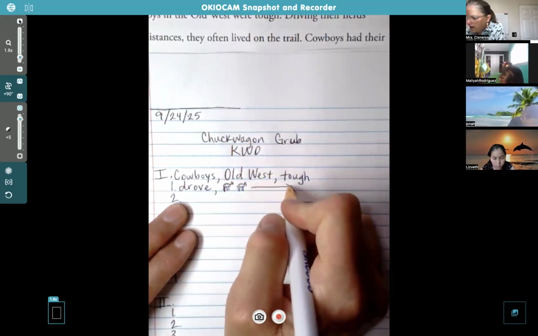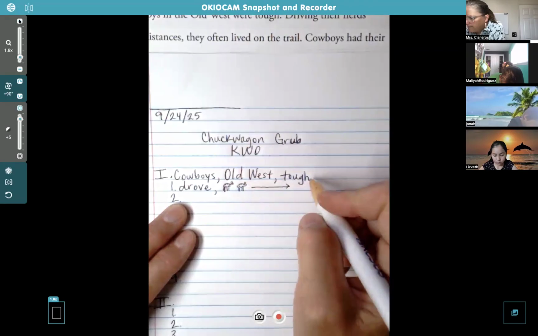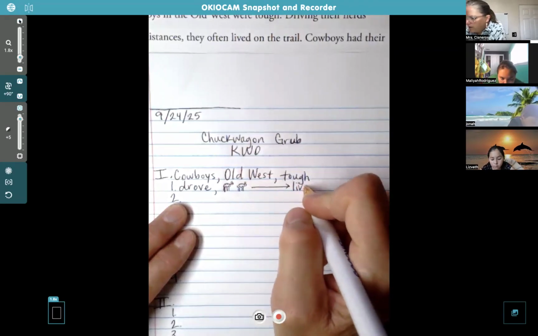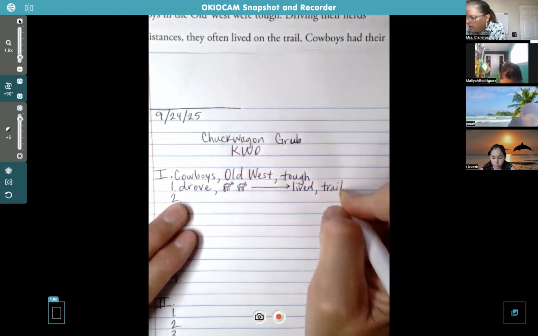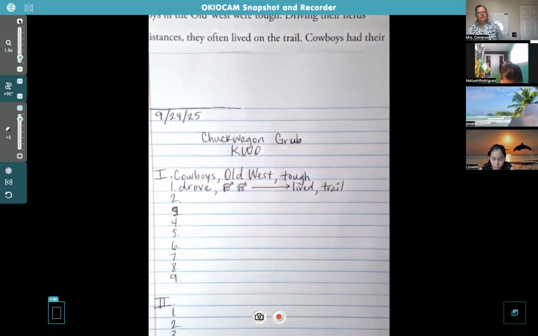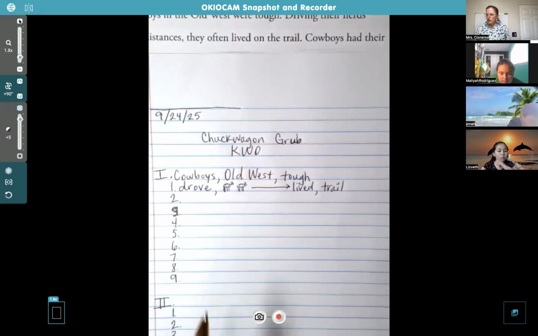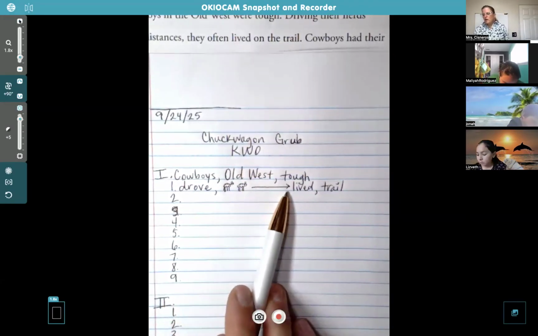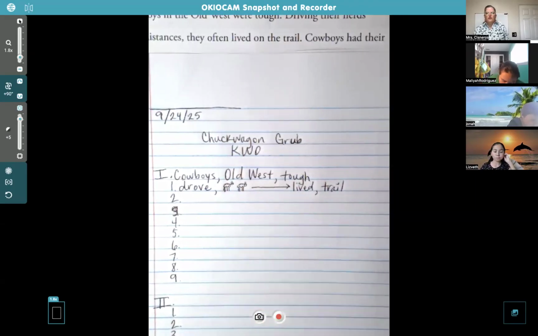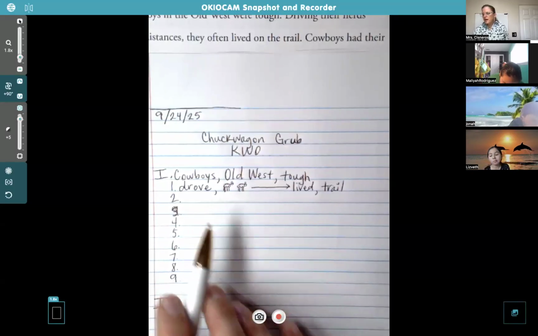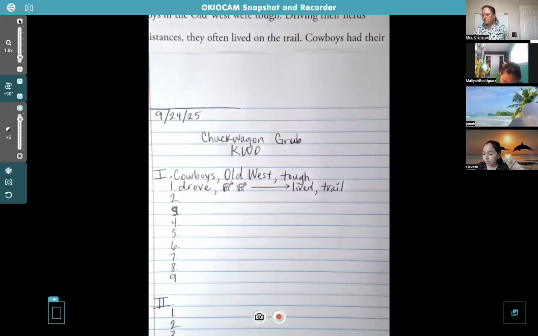Let's do a long line with an arrow, and then lived, trail. So that just means they drove their herds long distances and they lived on the trail. Good. And then Jonah, when you're done with that, do the next sentence.